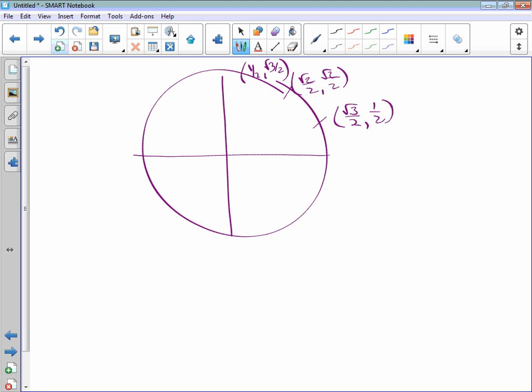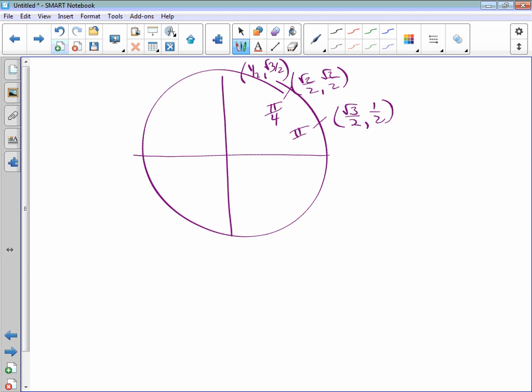Any of the pi over 4s, the tangent of those are easy. What are they going to be? What's root 2 over 2 over root 2 over 2? Just 1, right? So tangent, anytime it's over 4 is easy. It's 1 or -1. Okay?